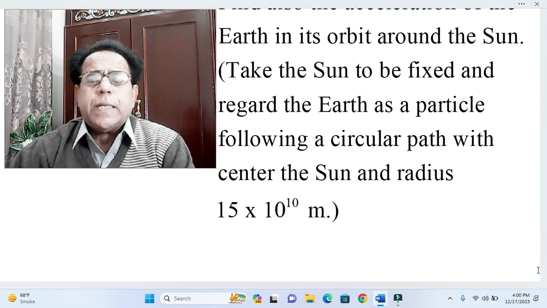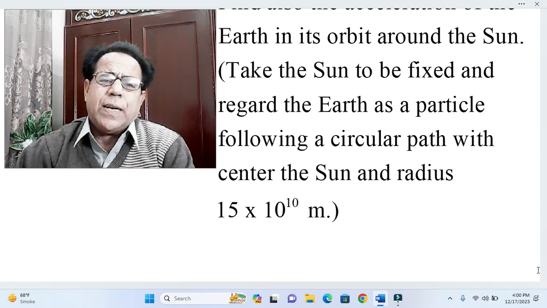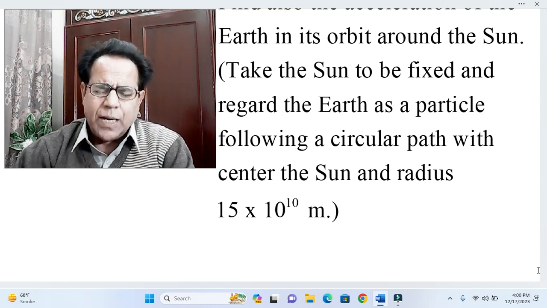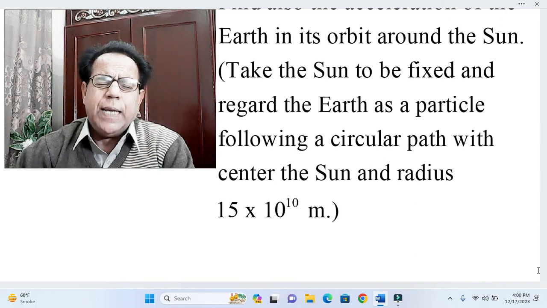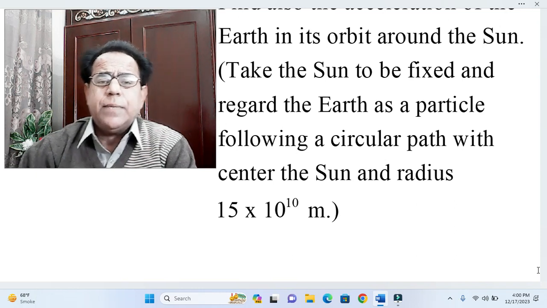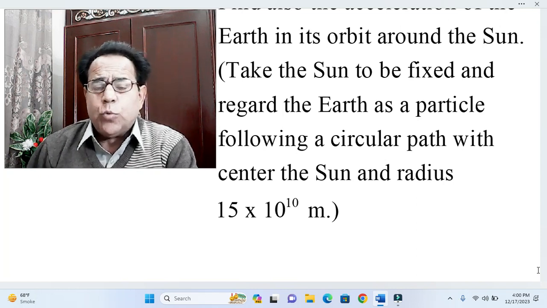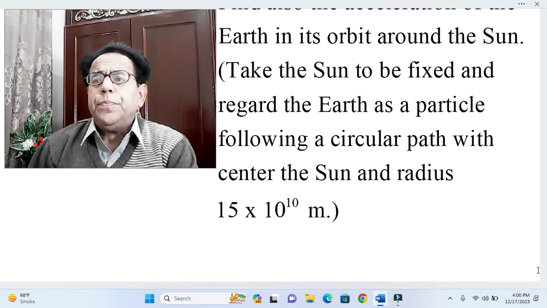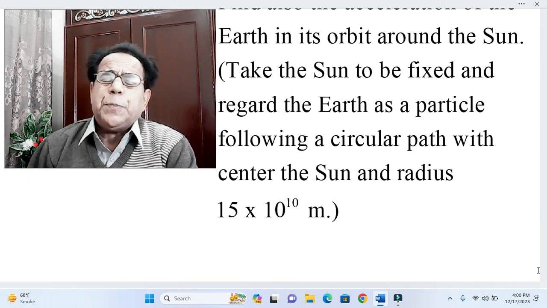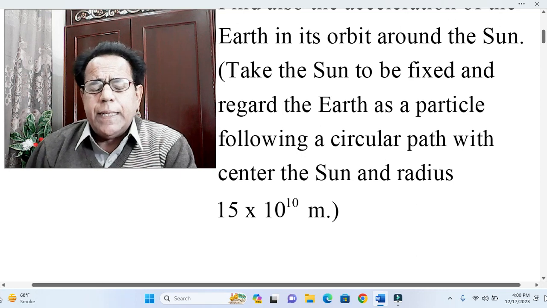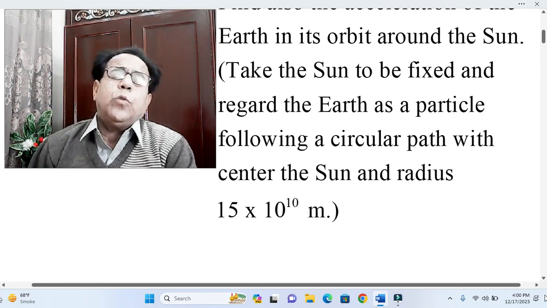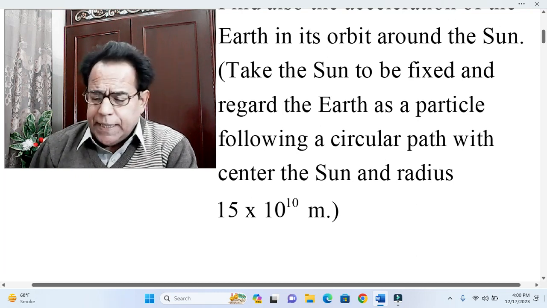Around its axis, it completes one round in 24 hours, while around the Sun in 1 year, that is to say 365 days. So we will convert this period into seconds. Then we will apply the equation of motion S equal to Vt. From there we will calculate V.